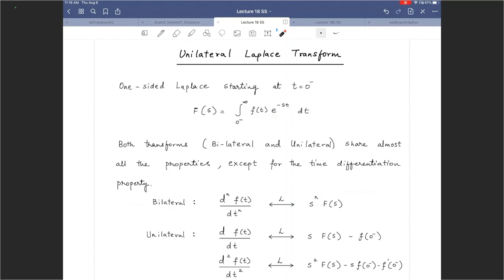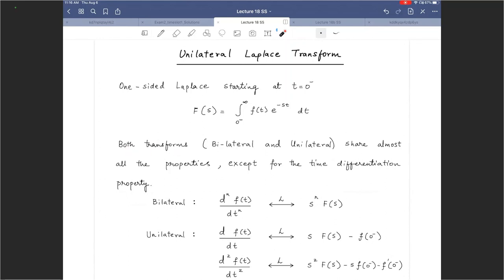Very similar to the Laplace definition before, except that the lower bound is now just before 0. It is only one-sided, positive time, but it starts just before 0. Earlier we were talking about a two-sided Laplace transform, and we were ignoring the initial state there.